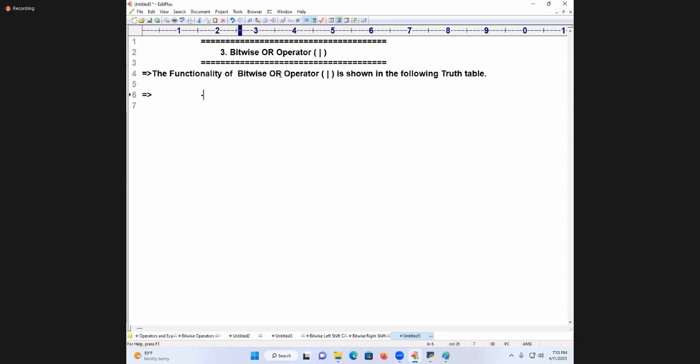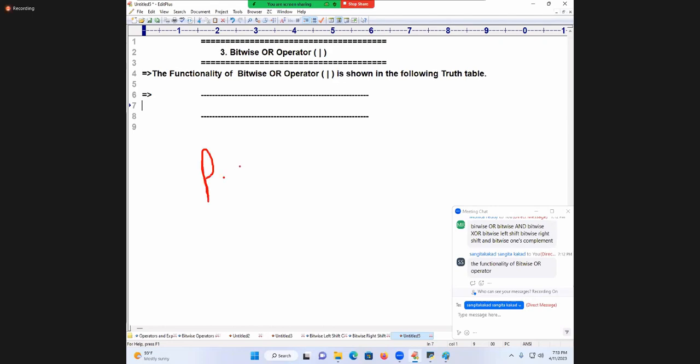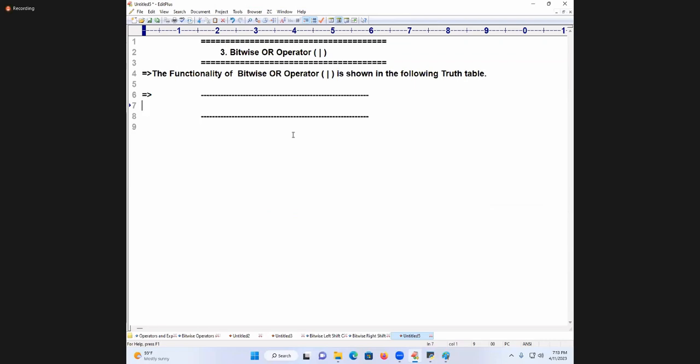Look at that. What are the operating inputs here? I told you already yesterday, the logical OR operator takes true and false. How many combinations did I prepare? 4. The bitwise operators' operating mechanism is binary bits. How many binary bits are there? 2.